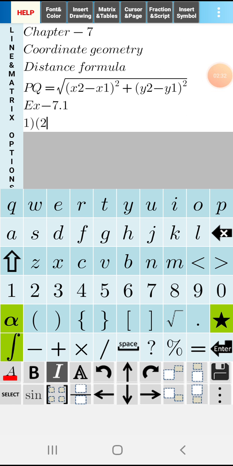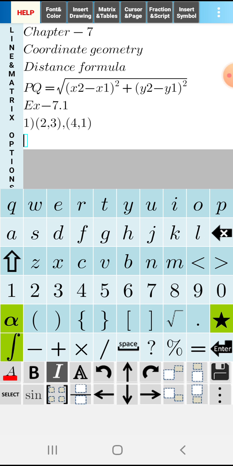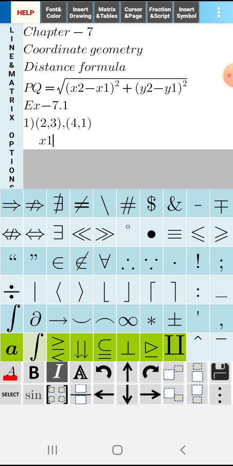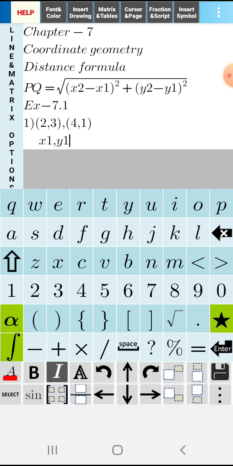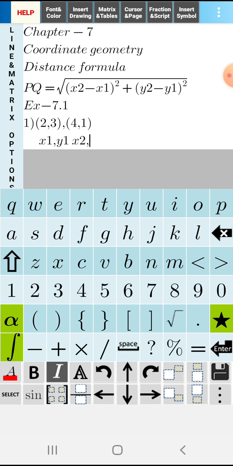The first question is (2, 3) and (4, 1). Here 2 is x1 and 3 is y1, as well as 4 is x2 and 1 is y2. Like this we have to take.